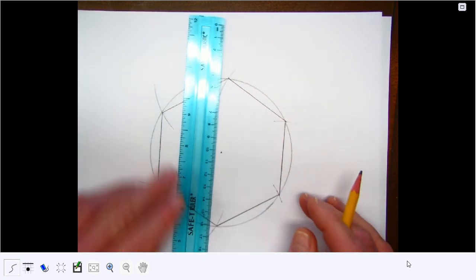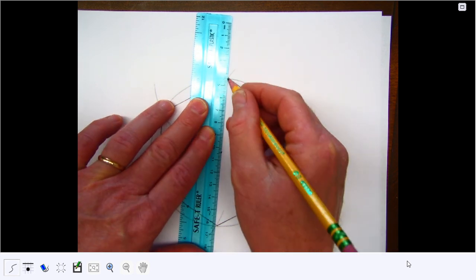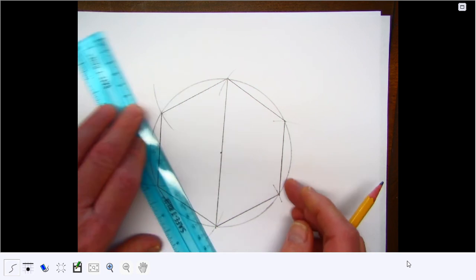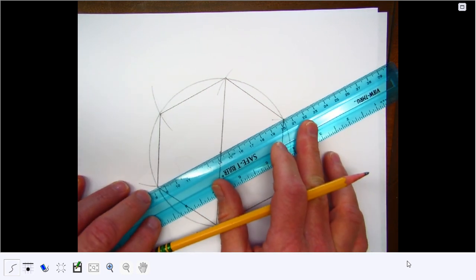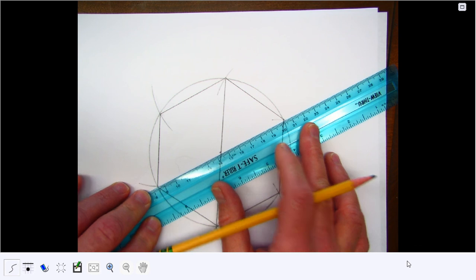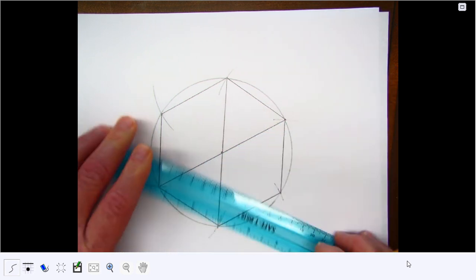The other neat thing about hexagons is that if I take these points through the center and connect them, I will create a series of equilateral triangles.